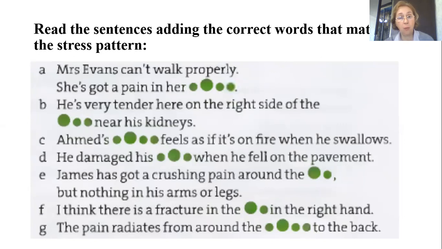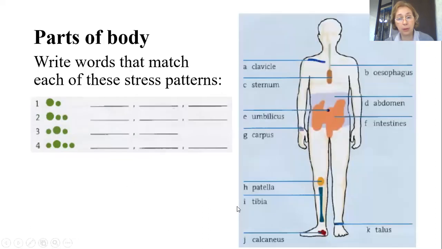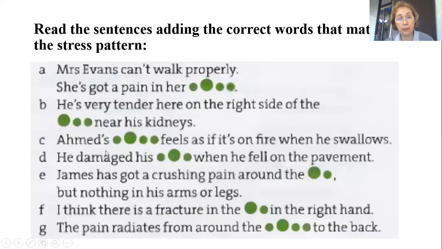She can't walk properly. So maybe tibia, calcaneus, or talus. Calcaneus. So consistent with the pronunciation, 4 syllables. Okay.